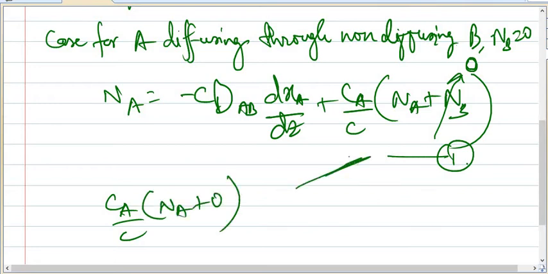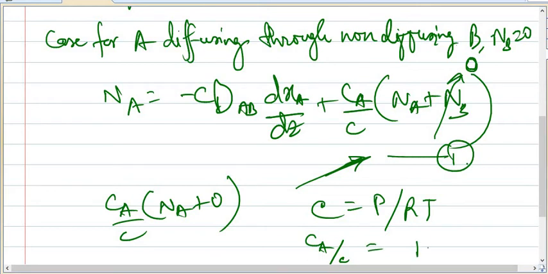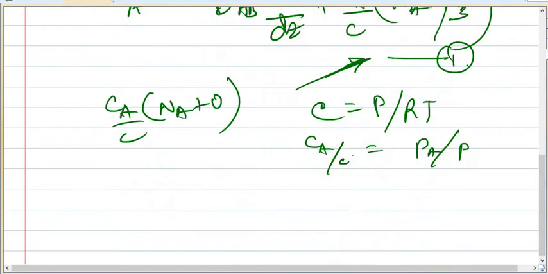If we keep the total pressure P constant and substitute the ideal gas law, we find that C is equal to P by RT. Now CA by C can be written as PA, the partial pressure of A, by the total pressure P.